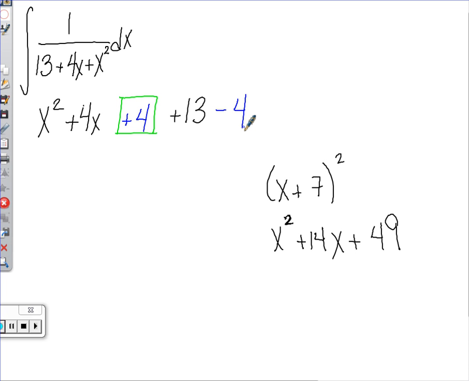Okay, now what you're going to do is take this guy and rewrite it. This is x plus 2, all of it squared. Okay? And if I check, it works. Square the first one, square the last one, multiply the 2, and double it. And then you put that guy together. 13 minus 4 is 9.